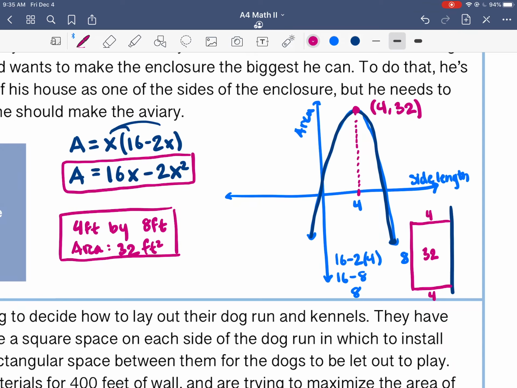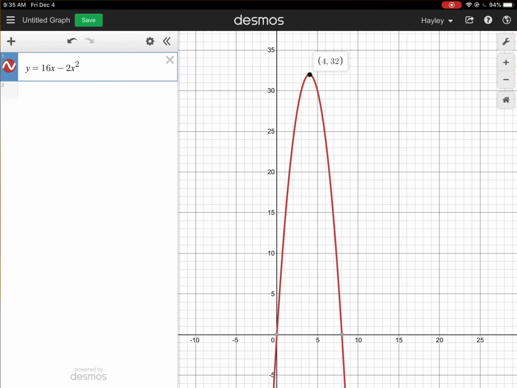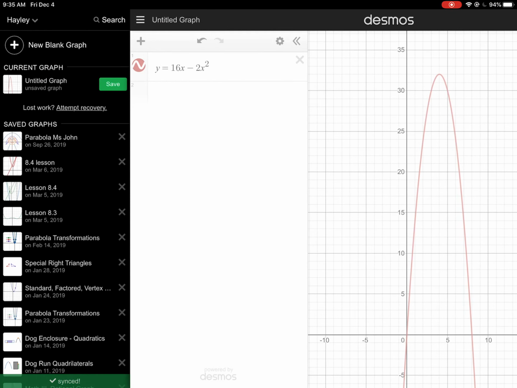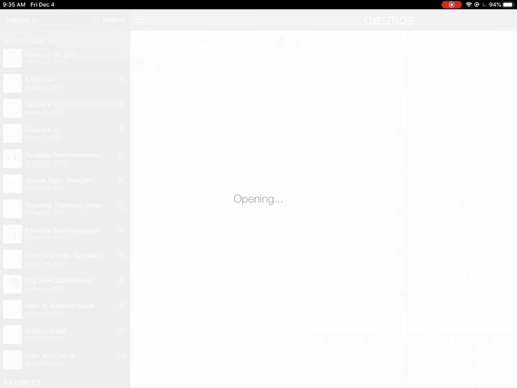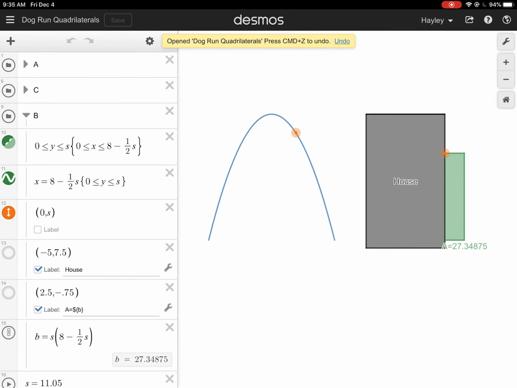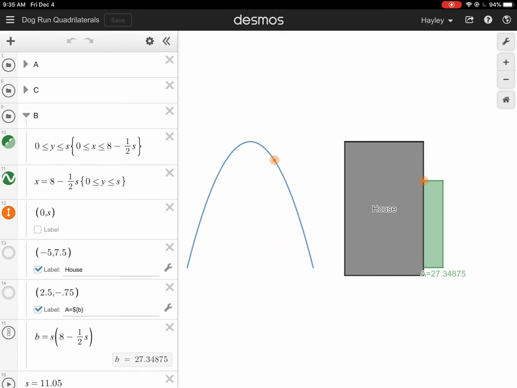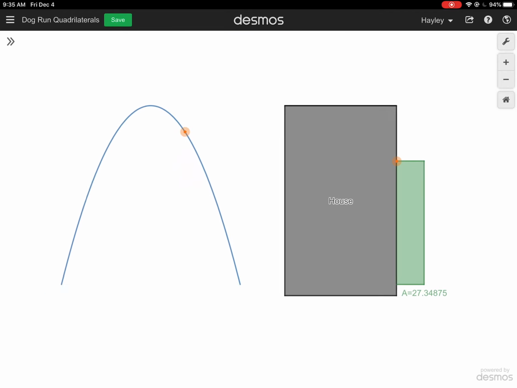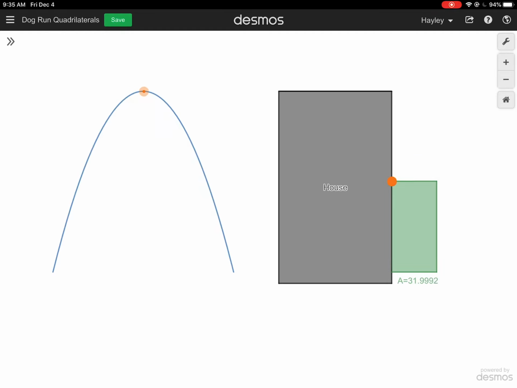Fascinating stuff. I also wanted to show you, because I have this set up already, and why not? I created this when I taught this the first time. I can just drag this to change the side lengths. This is an aviary, I guess, in this case, that's connected to the house.